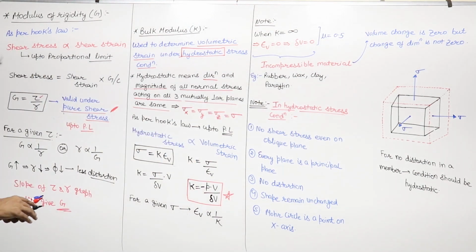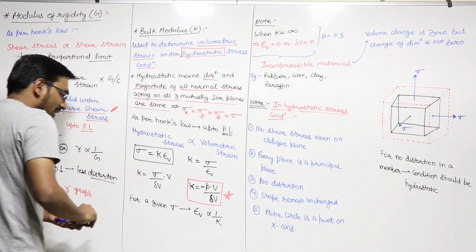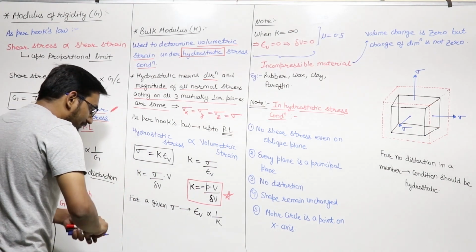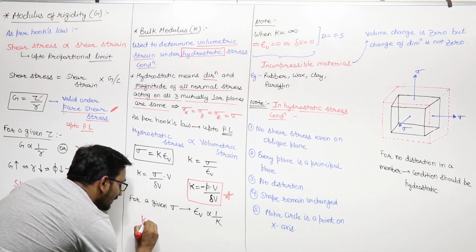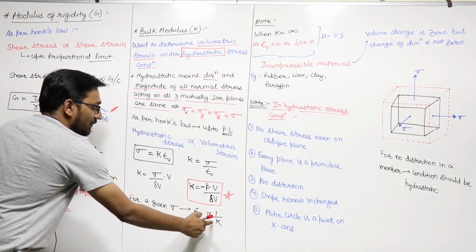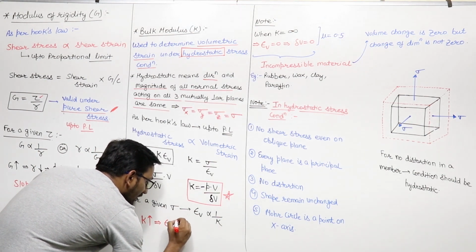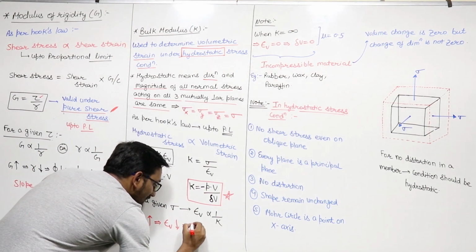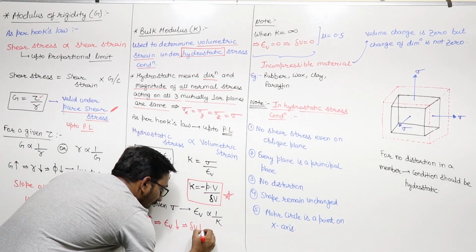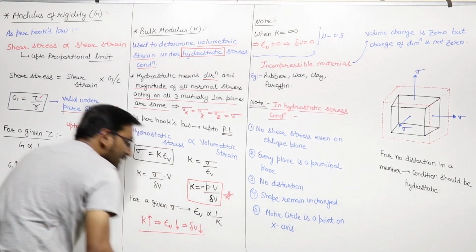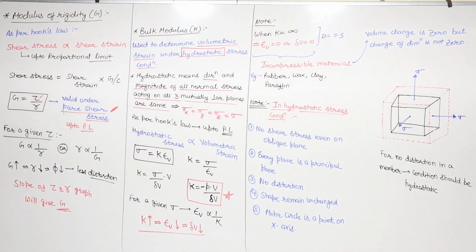Or we can say that if I increase the bulk modulus, that means volumetric strain will decrease. That means change in volume will decrease.